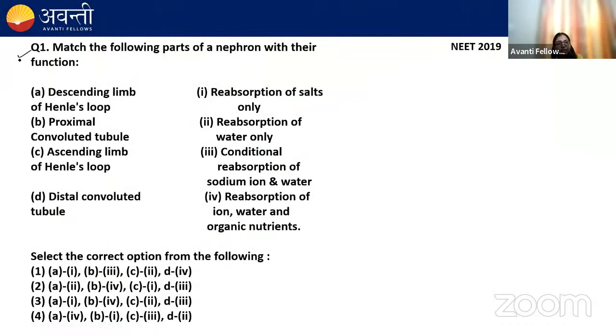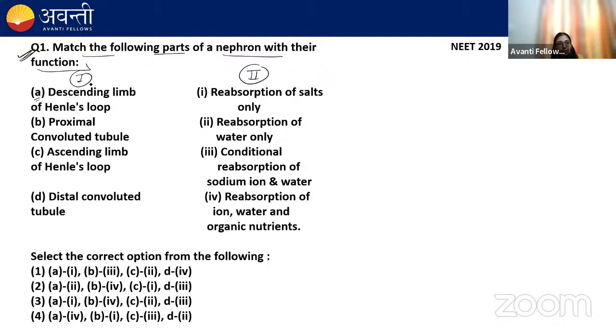Moving next is the question. Question number 1 says, match the following parts of a nephron with their function. Let's mark it as column 1 and column 2.